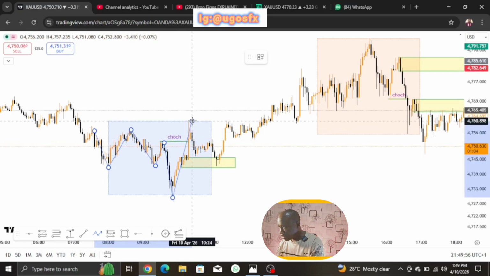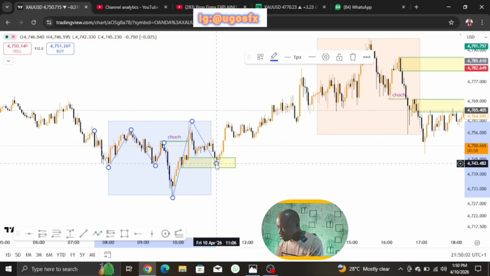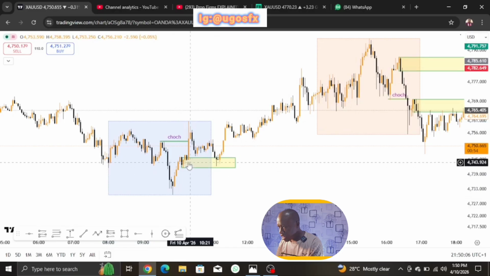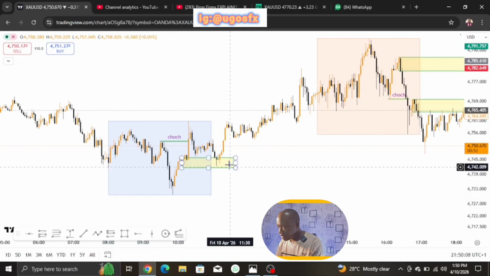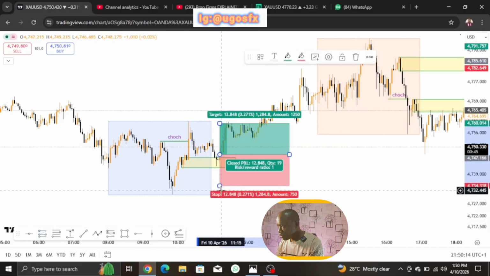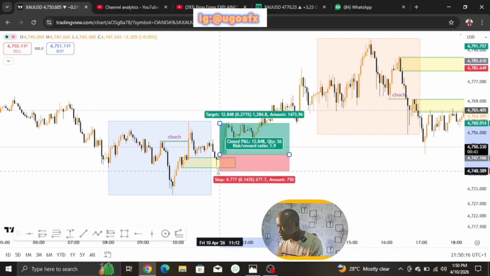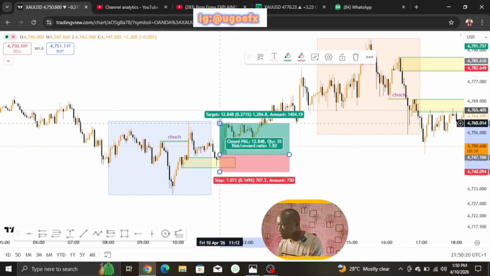You can see another block here. Price returns back to this order block. So immediately price returns back to this order block, you wait for what? A bullish engulfing candle. And you pick a buy, like this. Price below this zone. And you target 1:2, the opposing liquidity. 1:2. You don't need much.